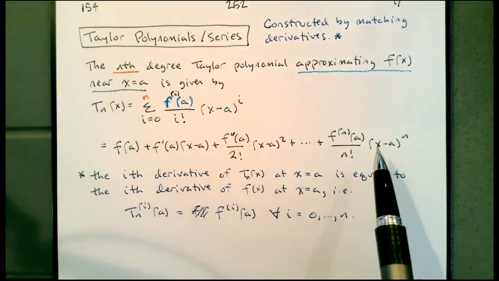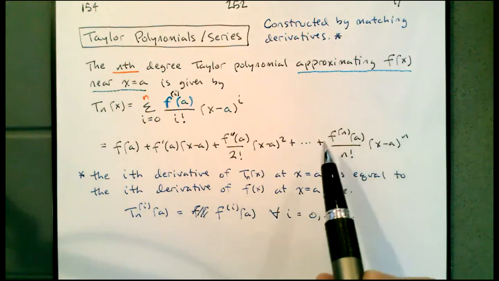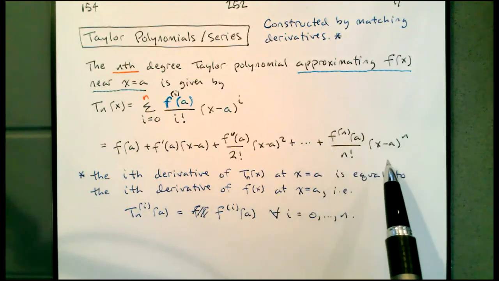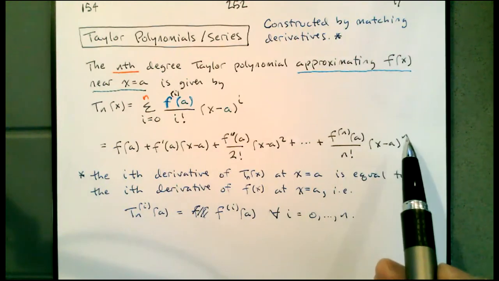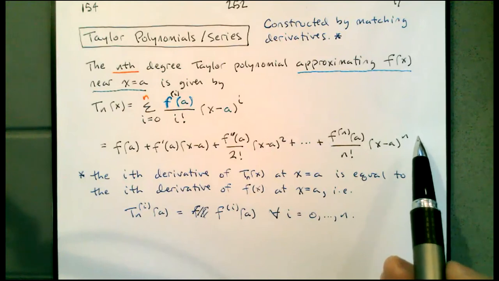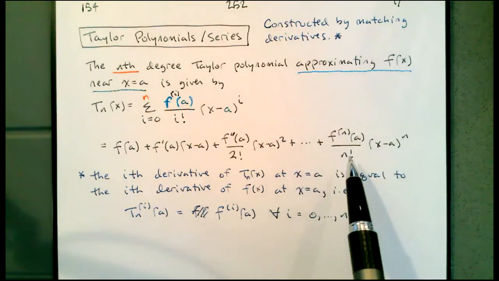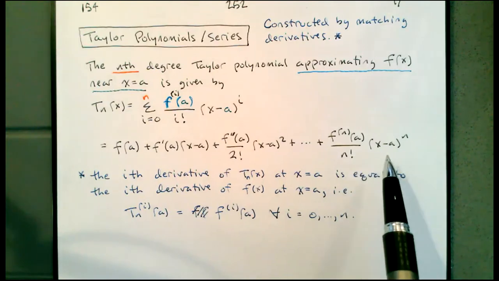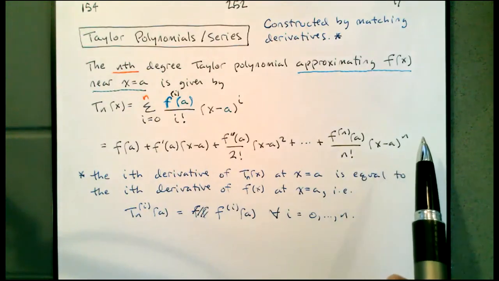If we take the first derivative of Tn of x, we bring the n down in front, it cancels the n in n factorial and leaves an n minus 1 factorial. And the exponent is now n minus 1. Then we take the derivative again, and we bring the n minus 1 in front, which cancels the n minus 1 in the n minus 1 factorial, leaving an n minus 2 factorial, and the exponent is now n minus 2.